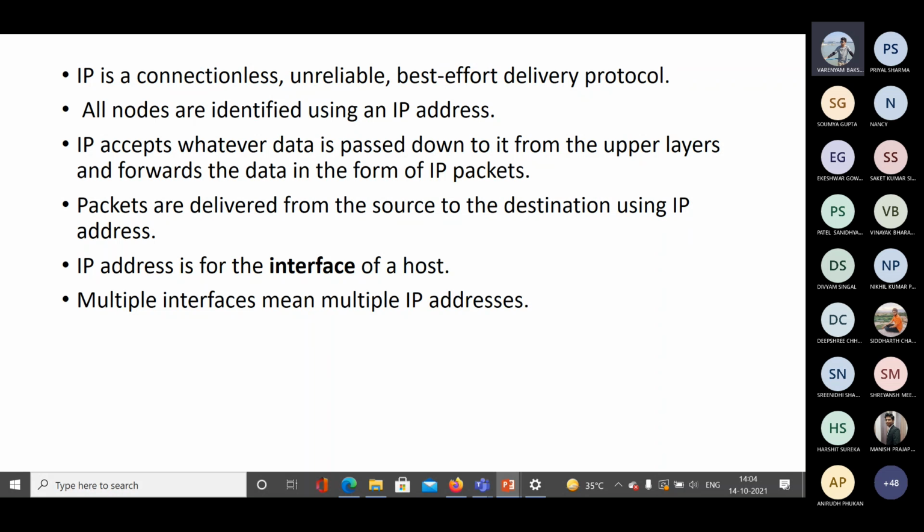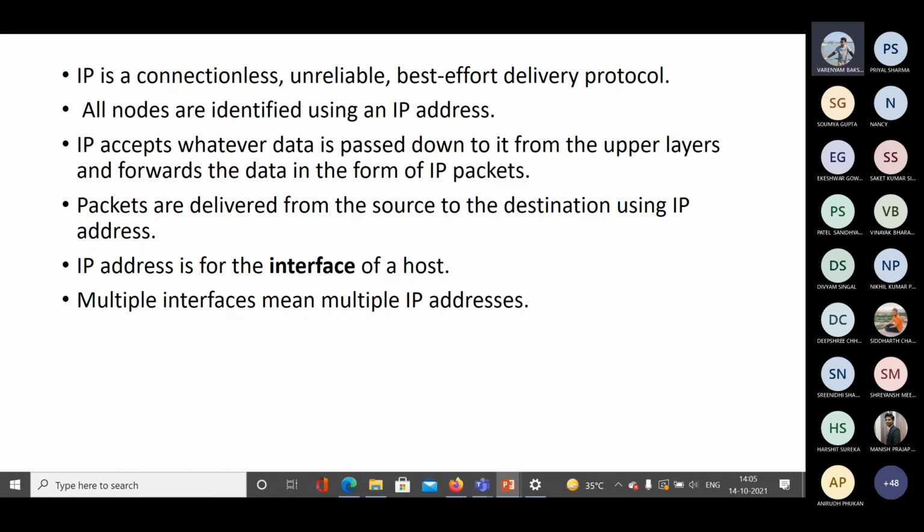Whatever data you pass down over the upper layers, at the network layer you add the IP address, which will determine the destination address, and also you add the source address in that, for the purpose of addressing and delivering the packets. And then correspondingly, the packets are delivered from the source to the destination using IP address.